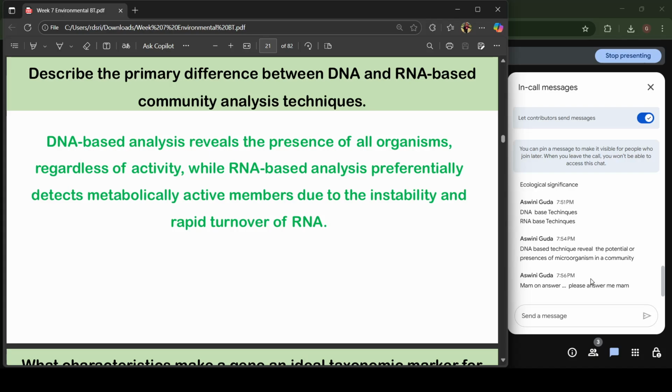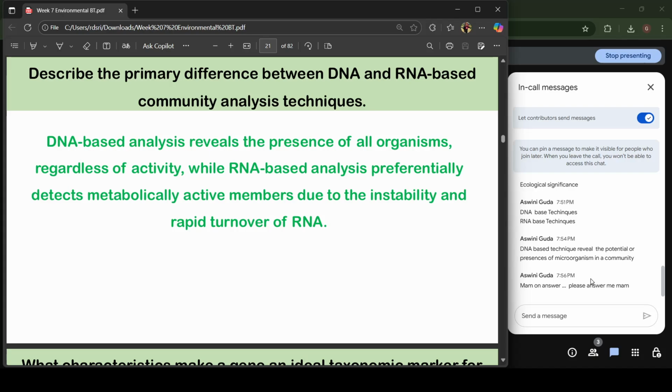So RNA based analysis tells us how the metabolism of the community works, and whichever organism has an upper hand or major contribution towards the metabolism, only those organisms we will be able to identify. And one more thing is RNA is highly unstable, whereas DNA is very stable. Because of that instability, we could also miss identifying a few microorganisms.